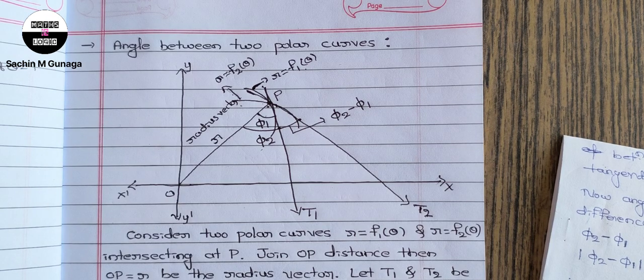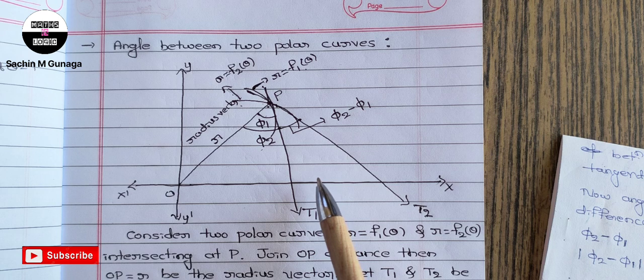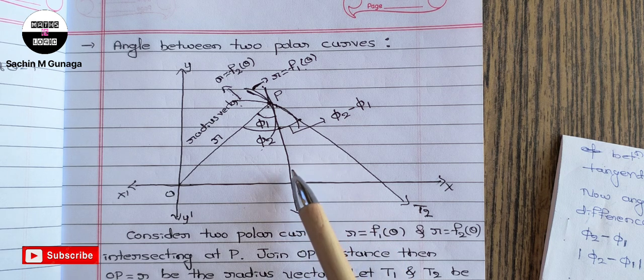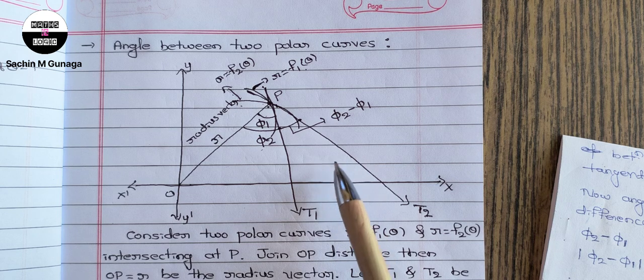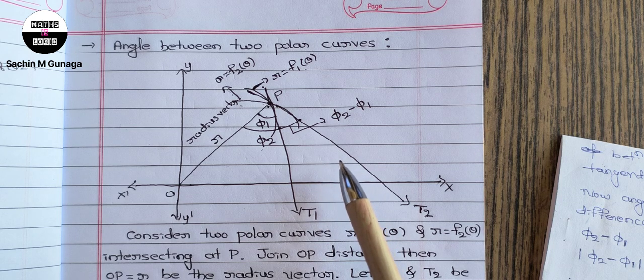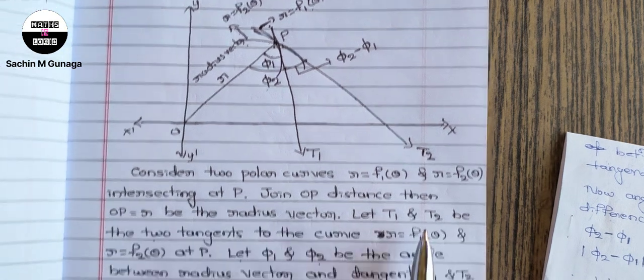Now there are chances that these two curves come out to be perpendicular to each other. So the angle between the tangents T1 and T2 comes out to be 90 degrees. Therefore, T1 and T2 are perpendicular to each other in this case.